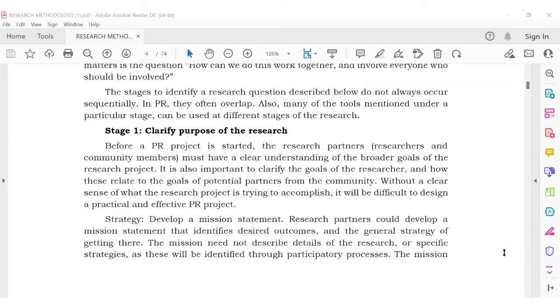My first question is, what should a public health researcher have? For example, suppose one of you is from the field of medicine, another person is from the field of psychology, the third person is from the field of pharmacology, and the fourth person is from the field of homeopathy.